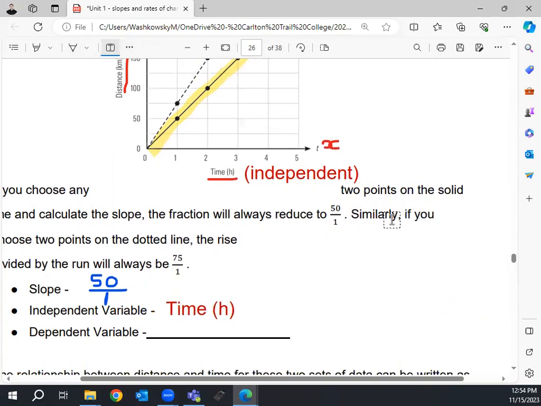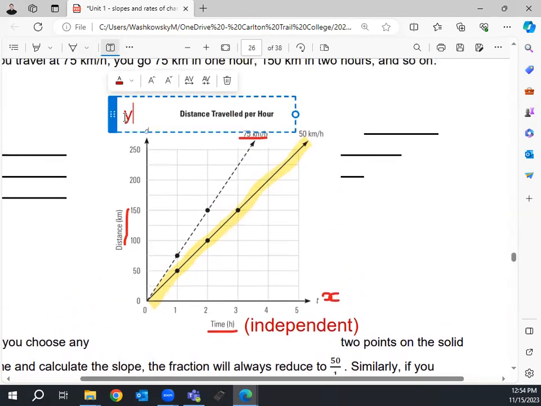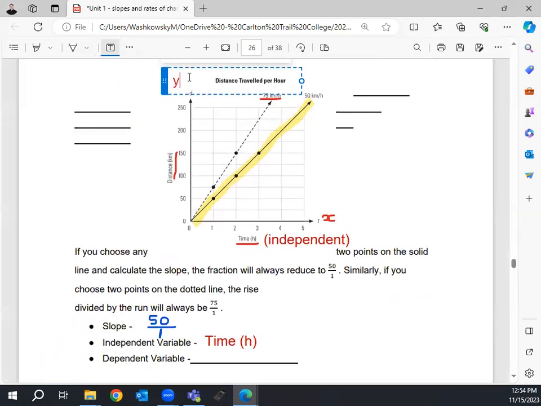I can, this is all make-believe. I can ask, how far does the car go if it goes 12 hours? How far does it go if it drives for 100 hours? It's just make-believe. But the distance I travel, which is my y-axis here, right? This is my y-axis. Here, I'll zoom out a little bit. So y is when we're going up and down.